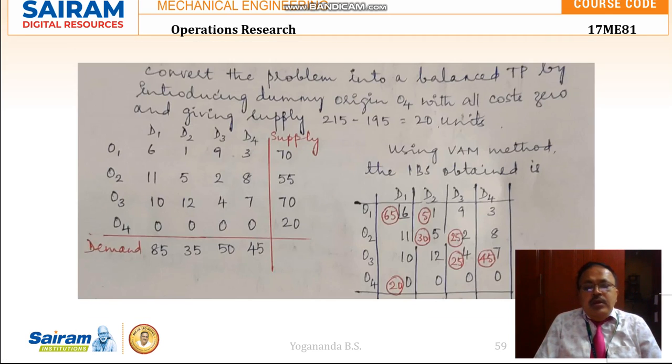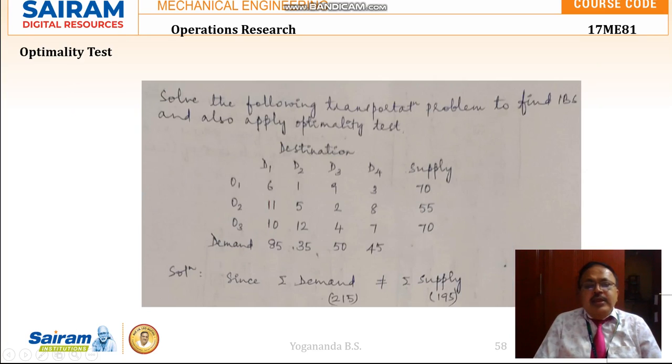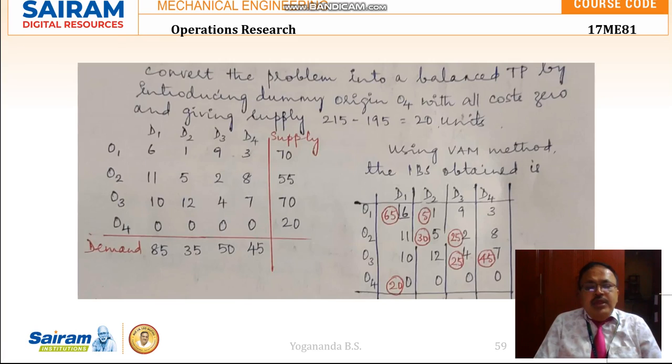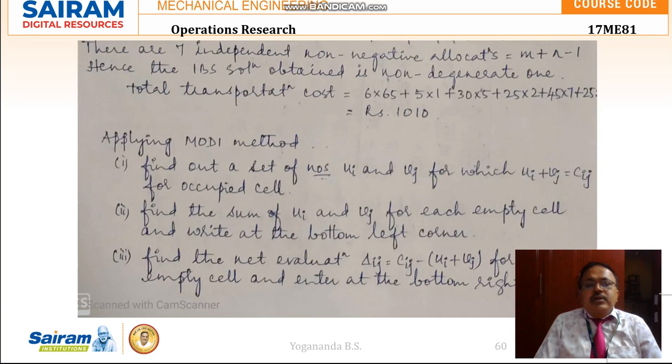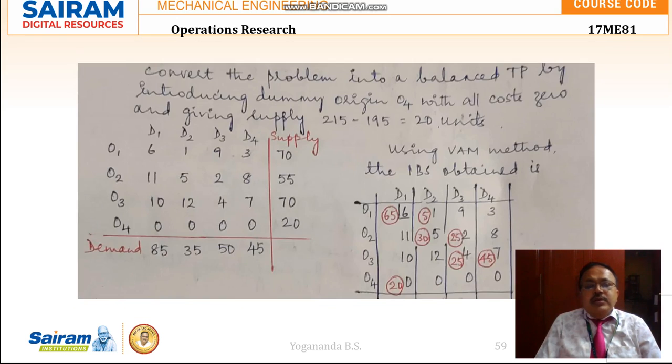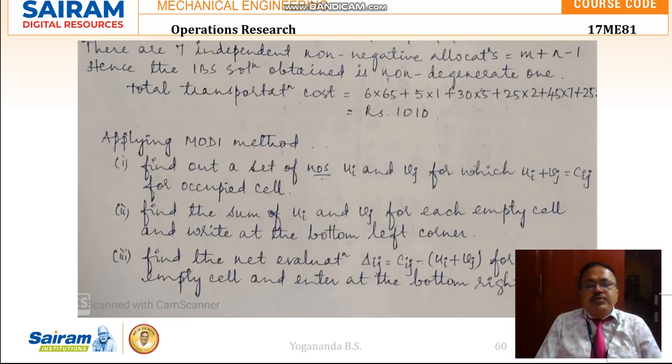Now we have 7 independent allocations here: 1, 2, 3, 4, 5, 6, 7. The condition is m plus n minus 1. So 3 rows and 4 columns: 4 plus 4 is 8, 8 minus 1 is 7.